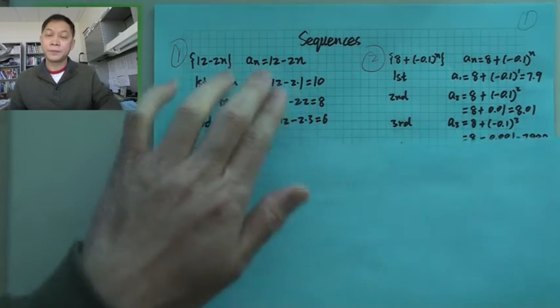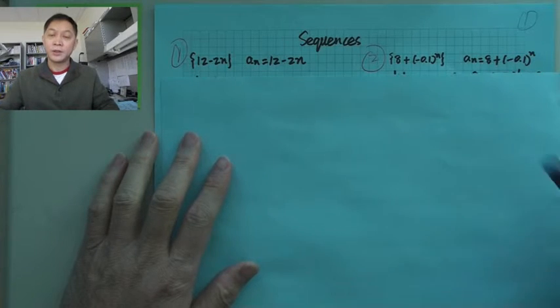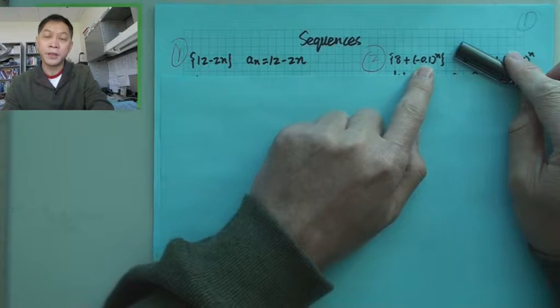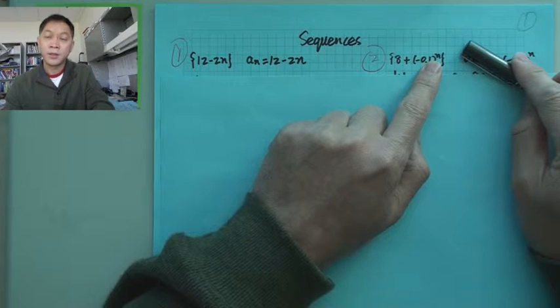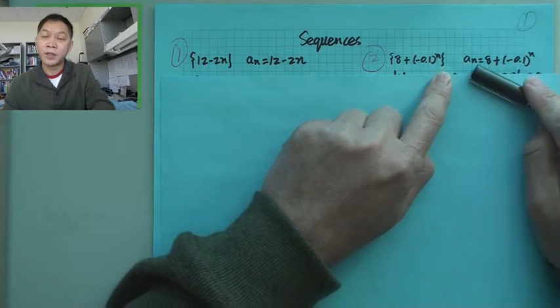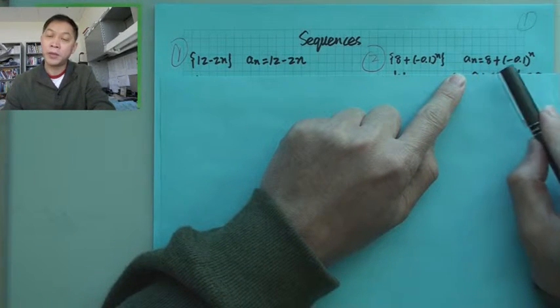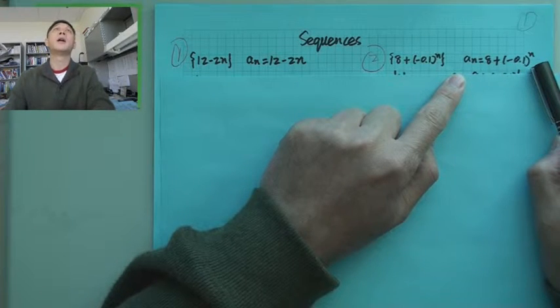For the second one, you see the given sequence is 8 plus negative 0.1 to the nth. N is on the power. So then for the general term, a sub n is 8 plus negative 0.1 to the nth. Okay?